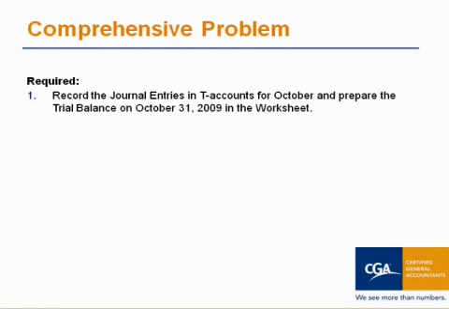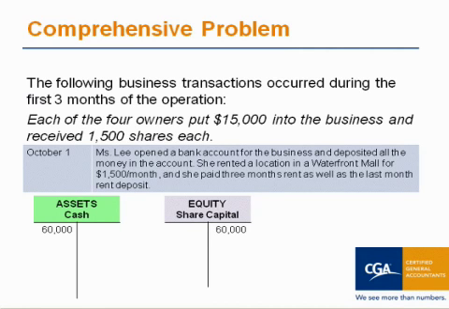So under requirement 1, we were asked to record journal entries in our T accounts for October and to prepare a trial balance for October 31st in our worksheet. So we're told that the following business transactions occurred during the first 3 months of operations, and we're going to start with, in this first part, looking at the transactions that happened in October.